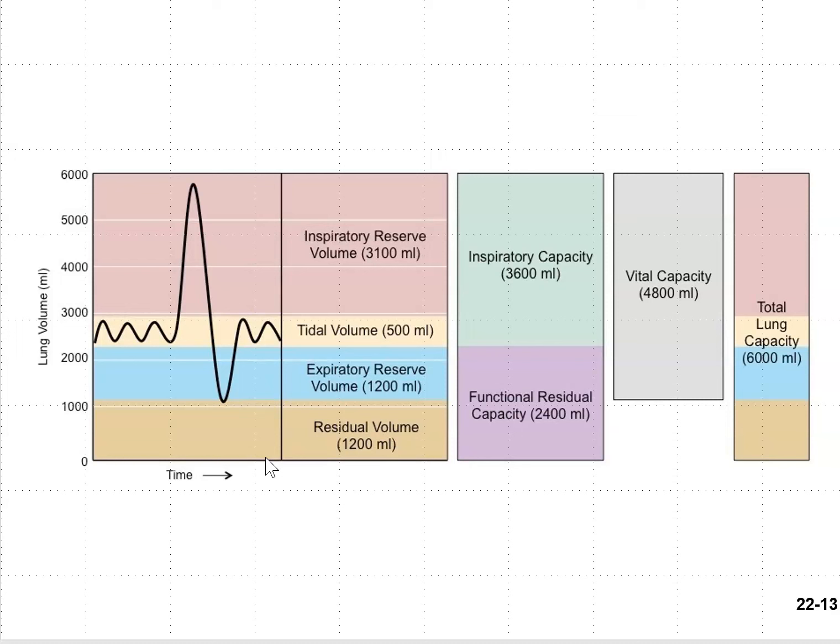There are several other factors that contribute to an individual's total lung capacity and ventilation rate. A taller person tends to have a larger chest, so they have a higher lung capacity. A taller person, if you remember, also works harder to pump blood to different parts of the body.